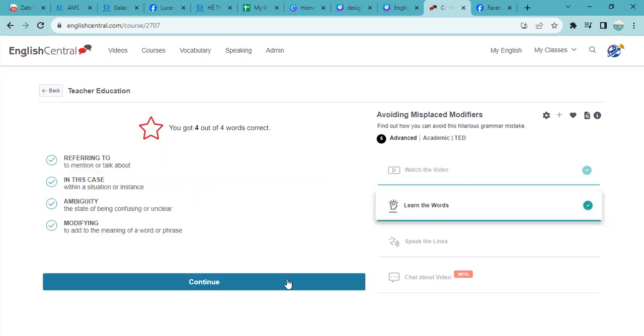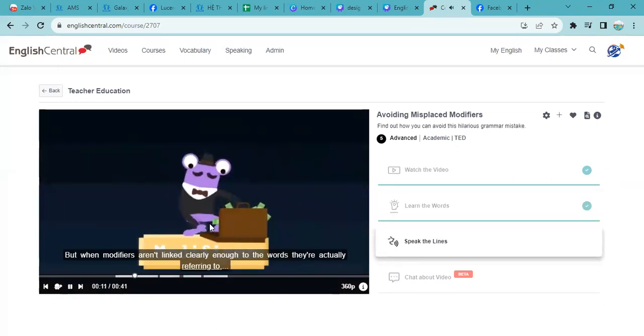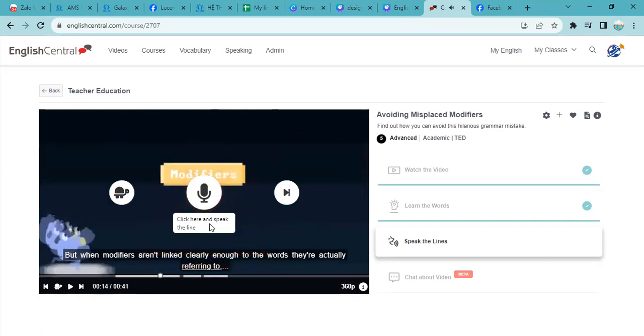Okay. Let's try to speak it out loud. But when modifiers aren't linked clearly enough to the words they're actually referring to, let's see.